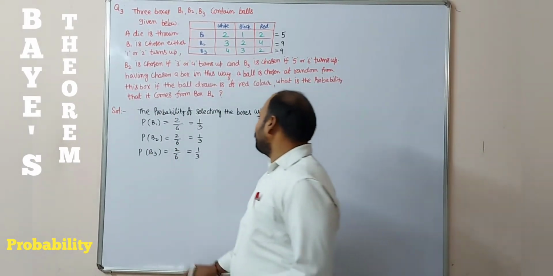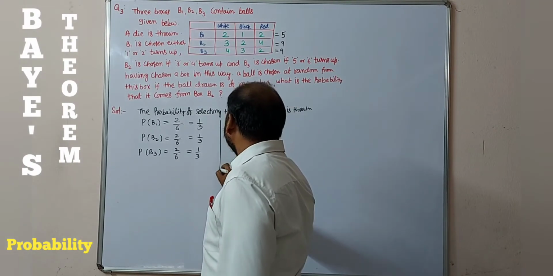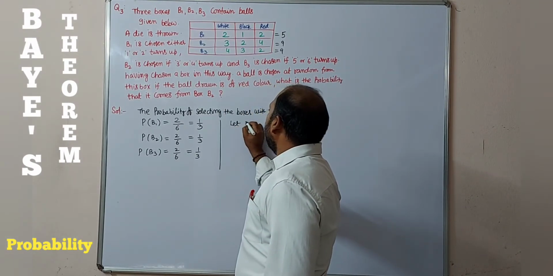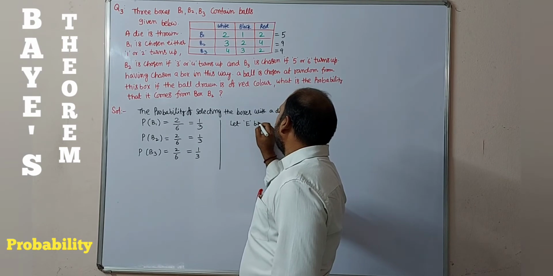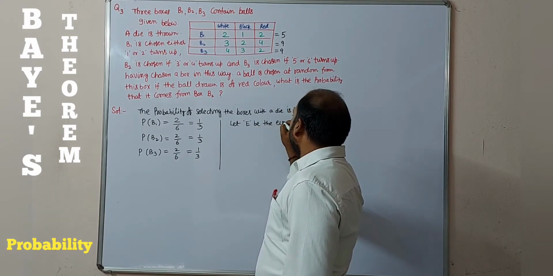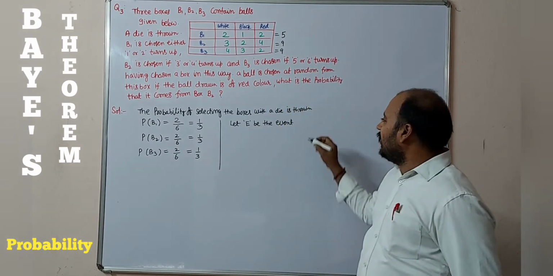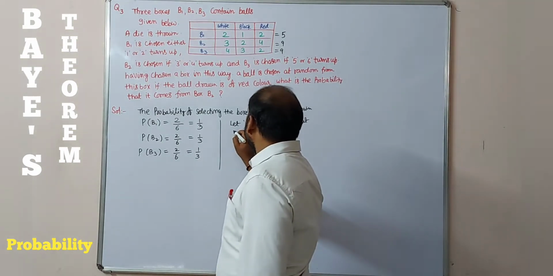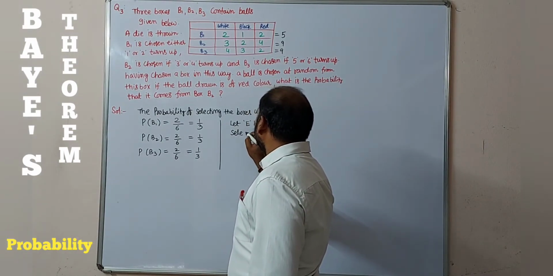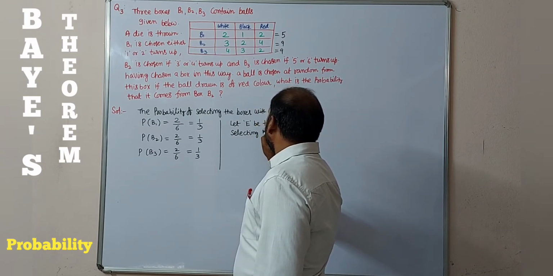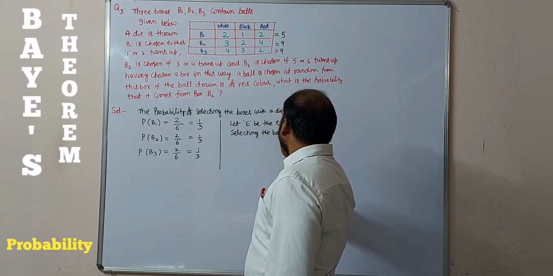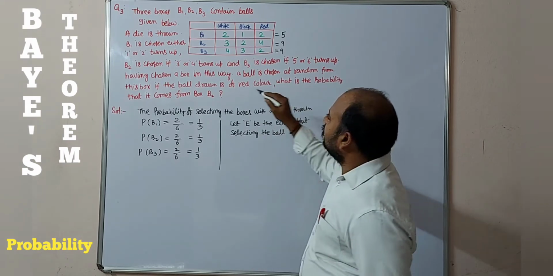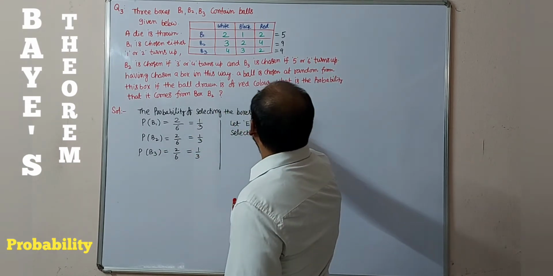After that, let E be the event that the selected ball is red.